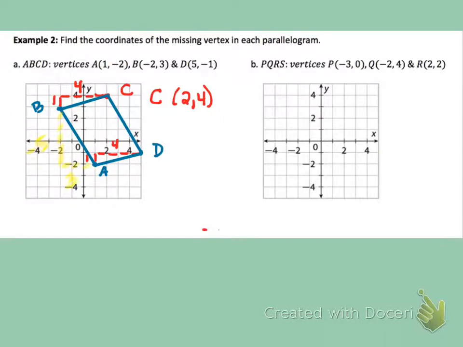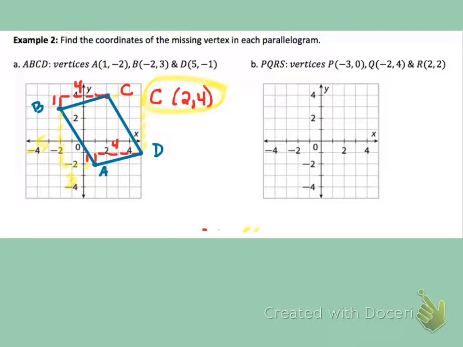So that would be -5/3, and then 1, 2, 3 to the right, and 1, 2, 3, 4, 5 down. So we could tell that the other pair of sides are parallel as well. So this is the answer I was looking for: where's the coordinate for C? It's at 2, 4. It's really just graphing the points that you have and then using the concept of rise over run for slope to locate the other point.